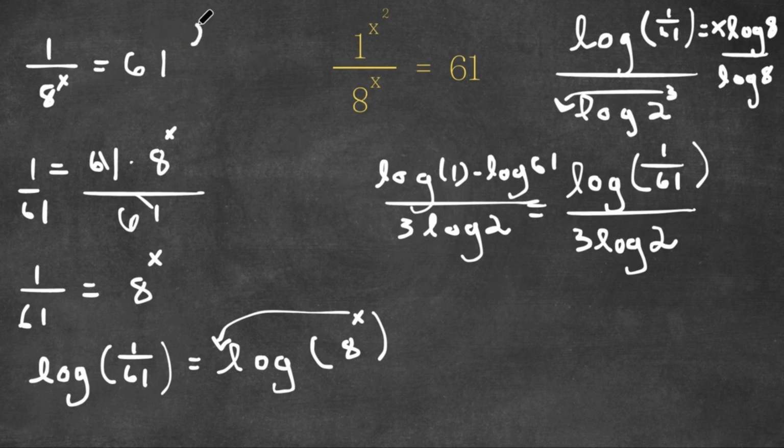Now, log 1 is equal to 0. Log 61 is equal to approximately 1.7853.